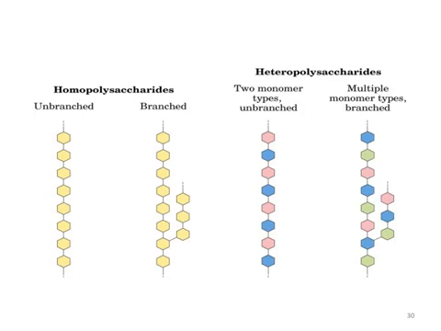In case of homopolysaccharides, starch and glycogen are the examples in which the same type of carbohydrate, which is glucose, is a repeating unit of monosaccharide. While in case of heteropolysaccharides, two monomer types unbranched means two different types of monomers are present in the linear structure of a heteropolysaccharide.